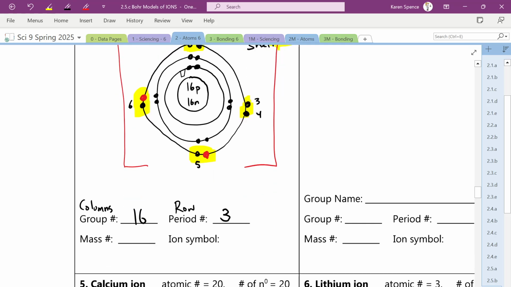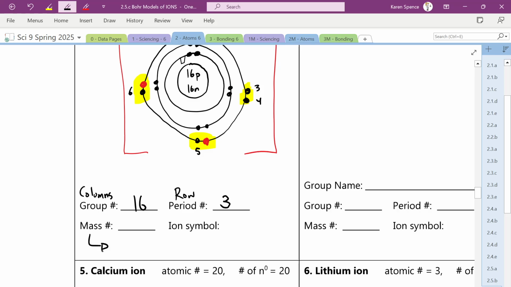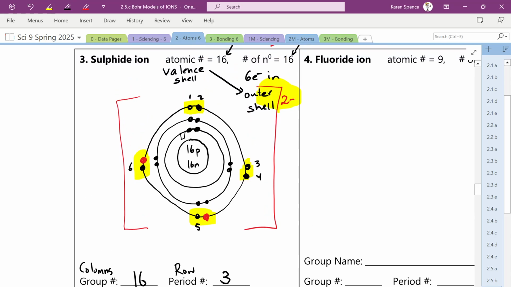The mass number is the protons plus the neutrons. So that's going to be 16 plus 16, which is equal to 32. The ion symbol then, this is sulfur.